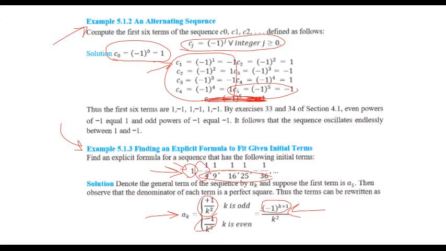If you replace k by 3, you get 1 over 9, and so on. You can continue doing this to check that all the 6 initial terms of the sequence that are given can be generated using this explicit formula that we obtained, and as a result you conclude that your solution is correct.